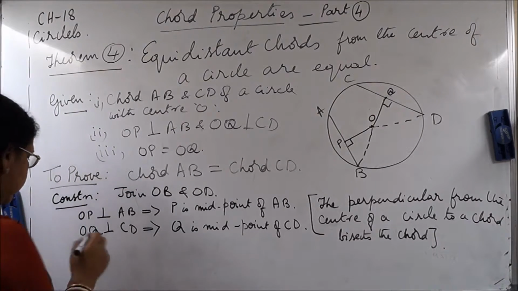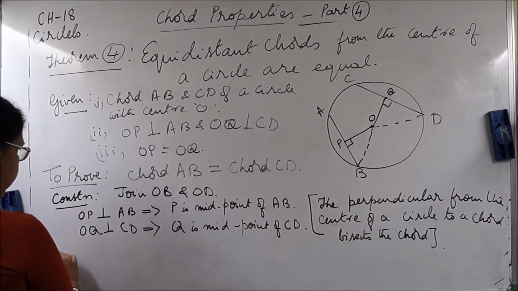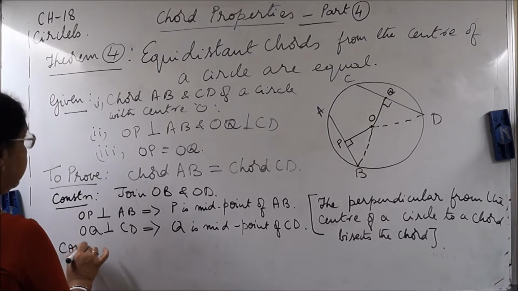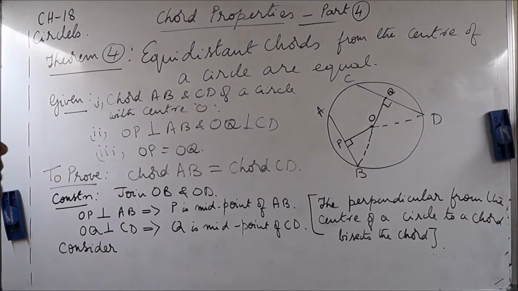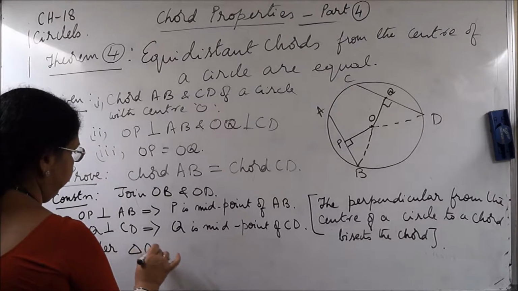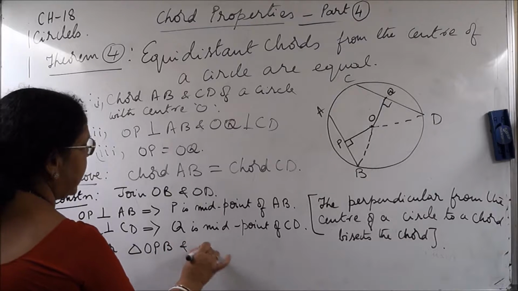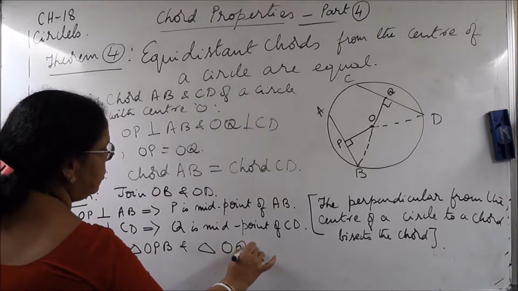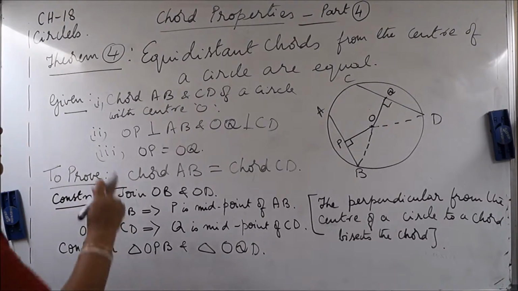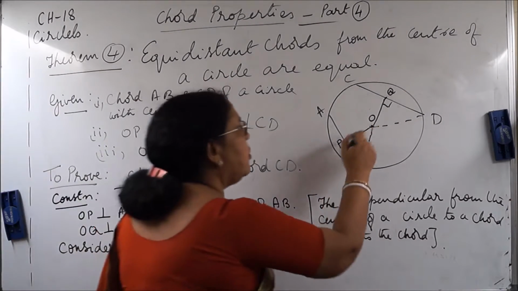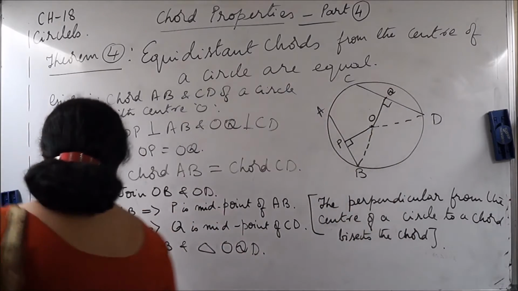So now let us prove that these two triangles are congruent. Now which two triangles do we have to consider? Consider triangle OPB and triangle OQD. Now in these two triangles we know that they are equidistant, that means OP is equal to OQ.